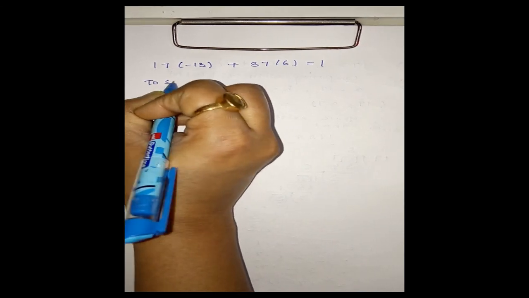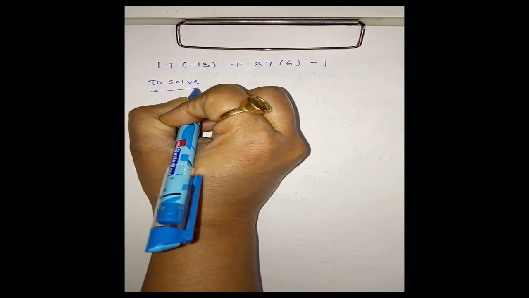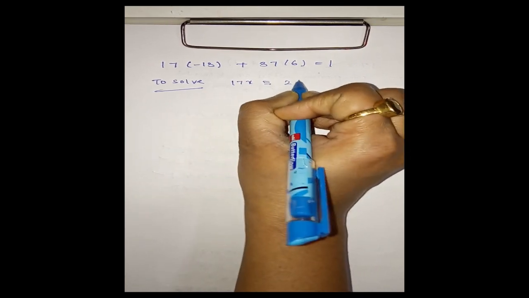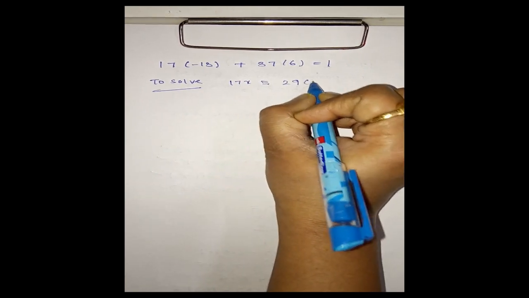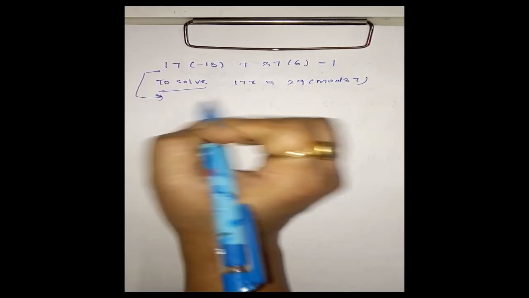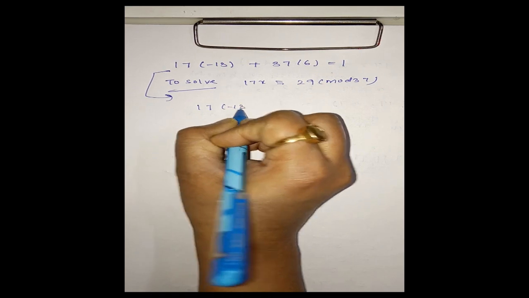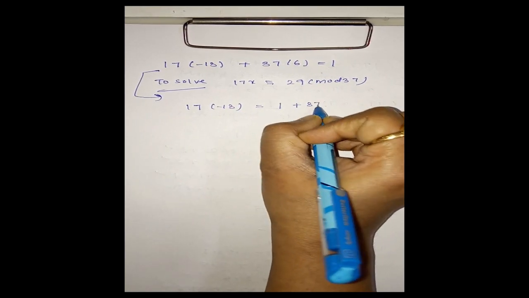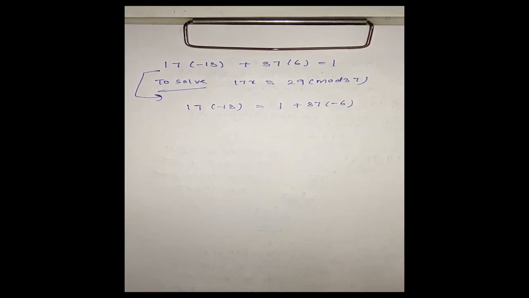Now see, we want to solve this congruence, 17x is congruent to 29 modulo 37. So writing this in this form, 17 into minus 13 is equal to 1 plus 37 into minus 6. I can write like this.